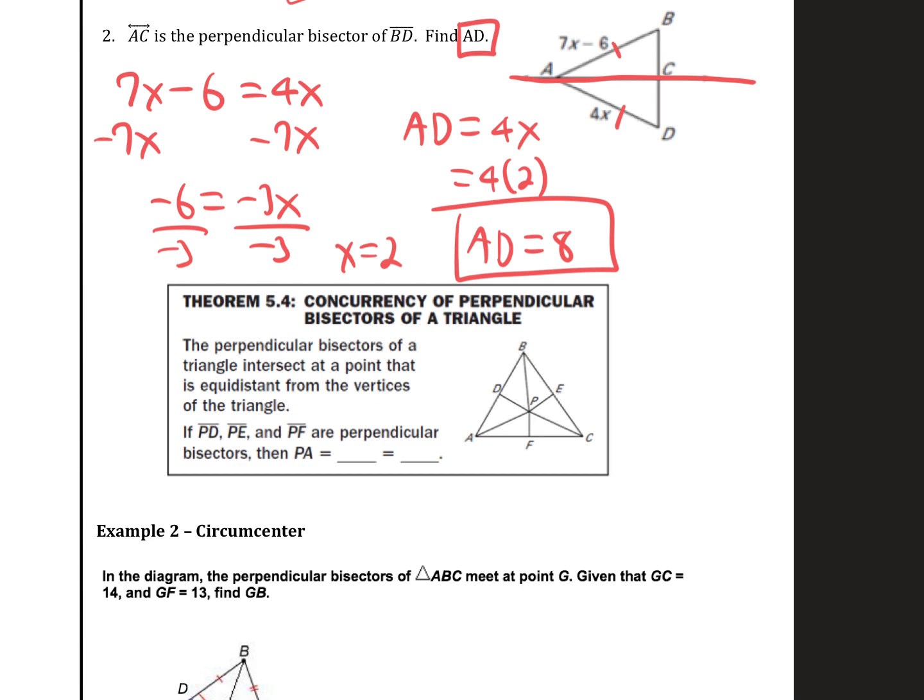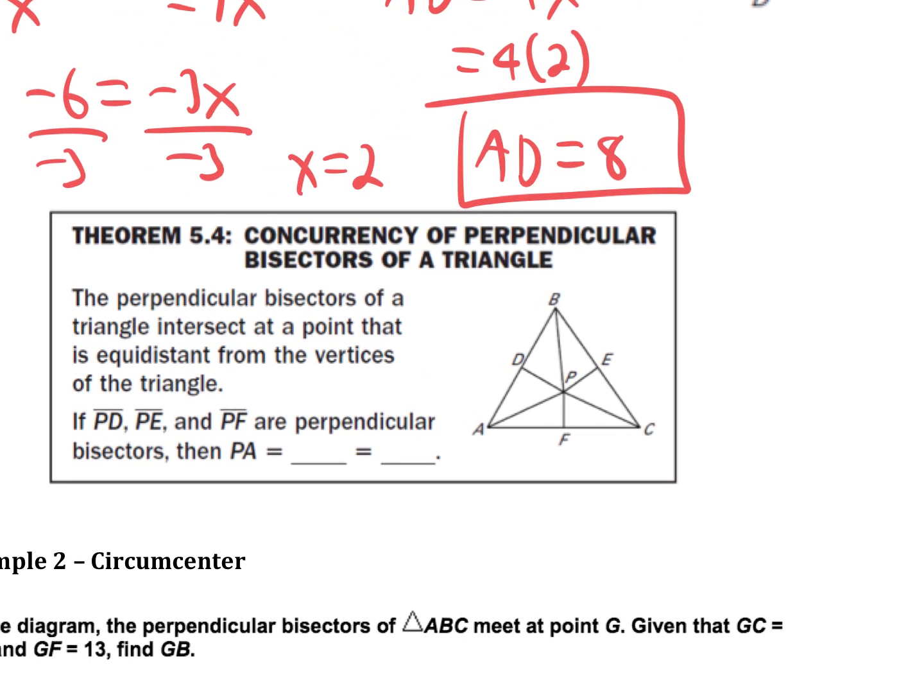Okay, there should be a handout in this chapter that's going to explain a lot of these things. There are some properties of perpendicular bisector concurrency, circumcenter, orthocenter, medians, stuff like that. There's a rule for the circumcenter.